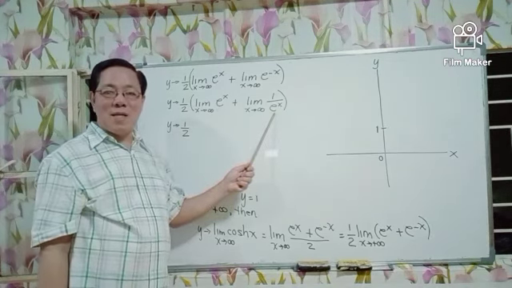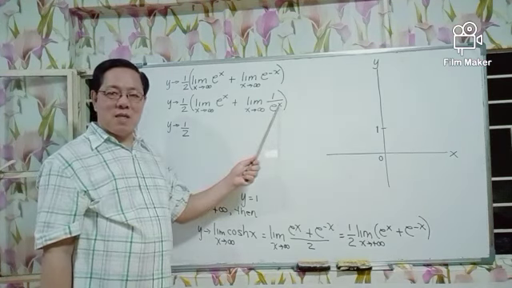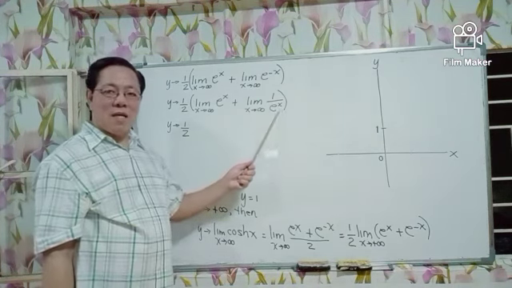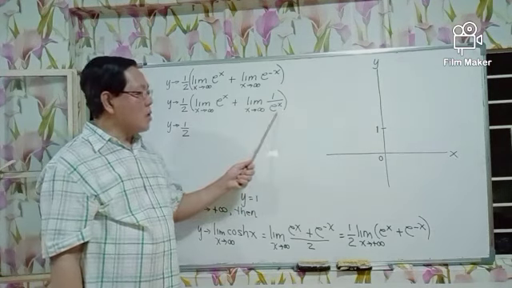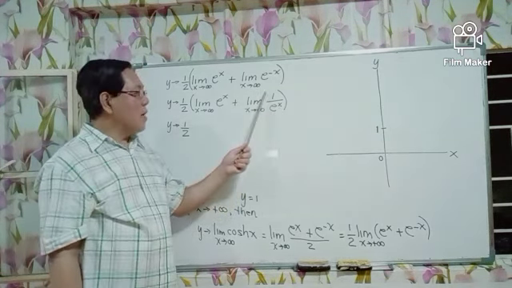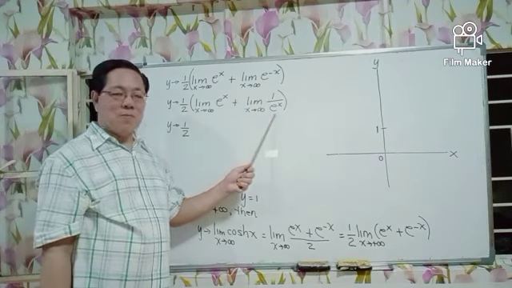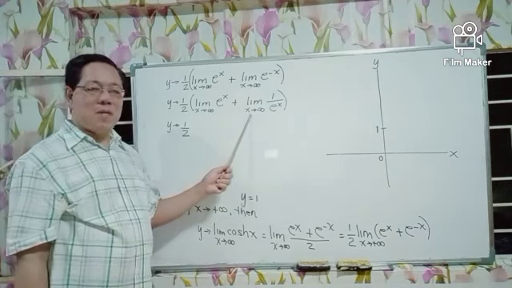The value of 1 over e to the x will approach 0 as x approaches infinity.